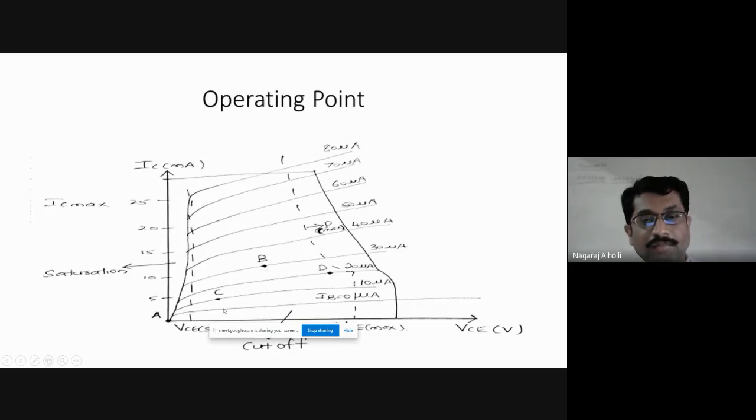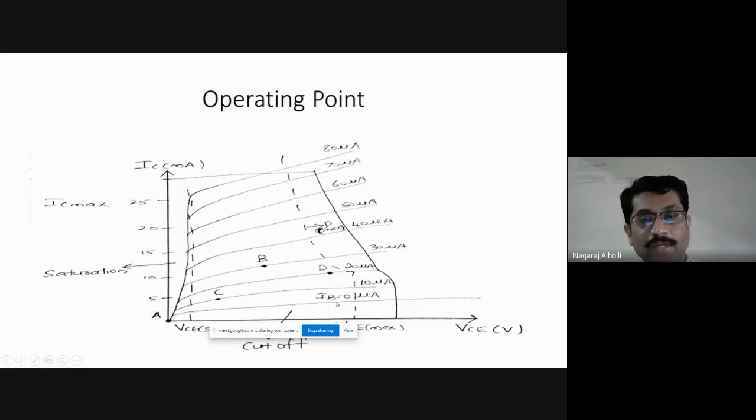What happens here? For example, if I take IB equal to 0 microampere, when the base current is almost 0 microampere, and as I increase the collector to emitter voltage VCE, the collector current also increases. And as I further increase VCE, the collector current remains almost constant.